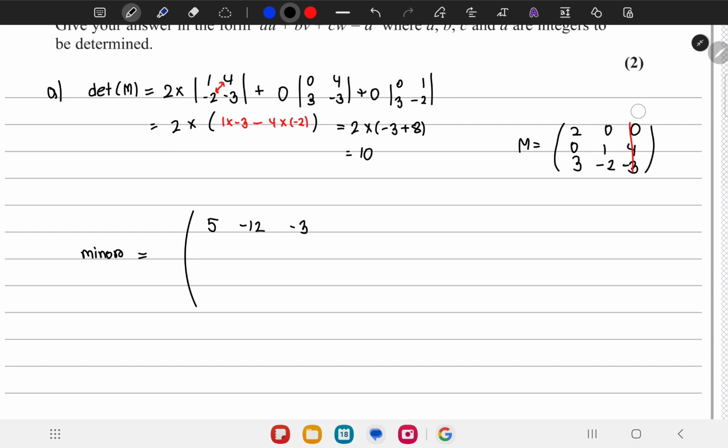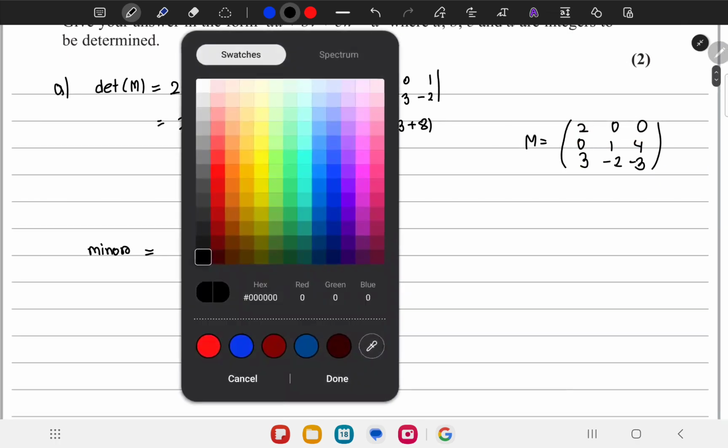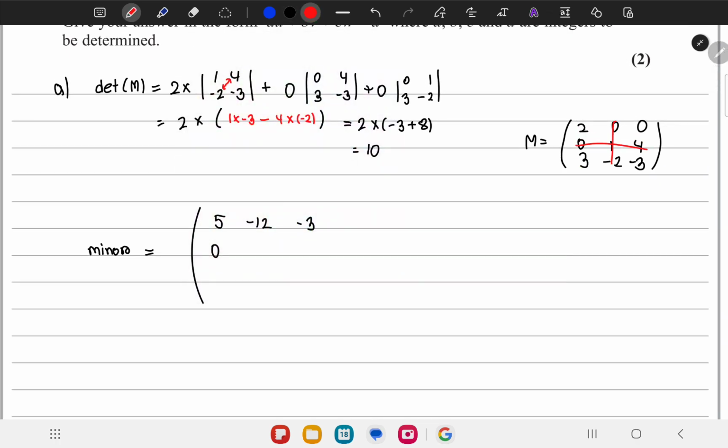Then moving on to the second row, I'll do the same. For the 2, 1 entry, it's the determinant of 0, 0 minus 2 minus 3. It's just 0. Then for the 2, 2 entry, it's the determinant of 2, 0, 3 minus 3. 2 times minus 3 is minus 6. 3 times 0 is 0.